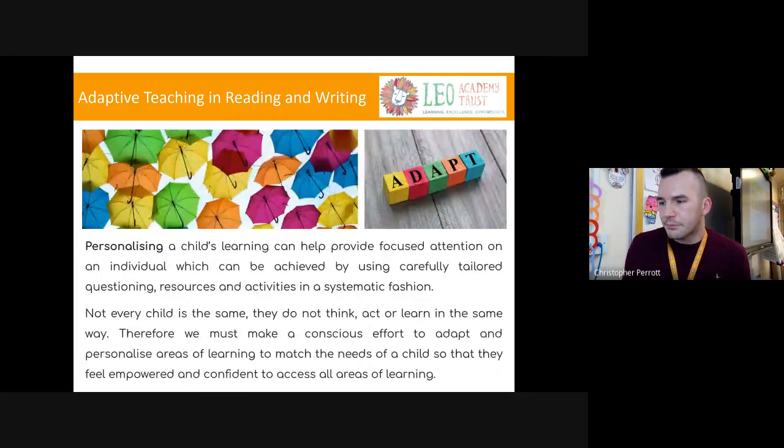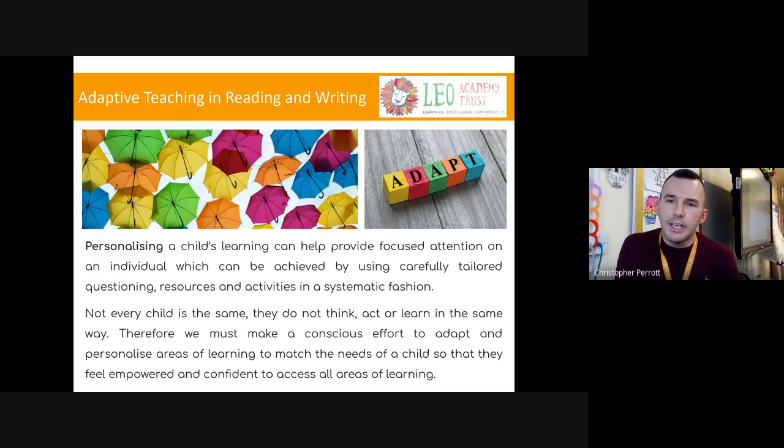Personalising a child's learning can help provide focused attention on an individual, which can be achieved by using carefully tailored questioning, resources and activities in a systematic fashion. And the key there is it has to be done systematically. We cannot try any of these strategies once, and should they not succeed, give up on them and try something new. Because we also have to remember that a learner, especially a low ability learner, sometimes struggles with motivation and anxiety; there are many barriers that they face.